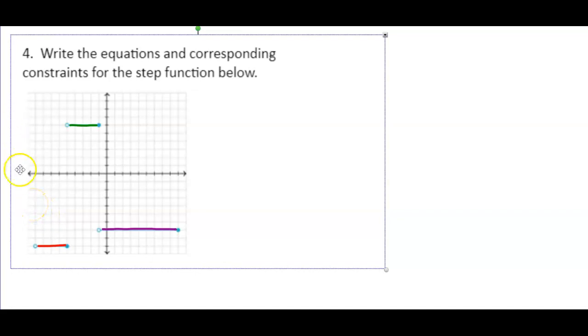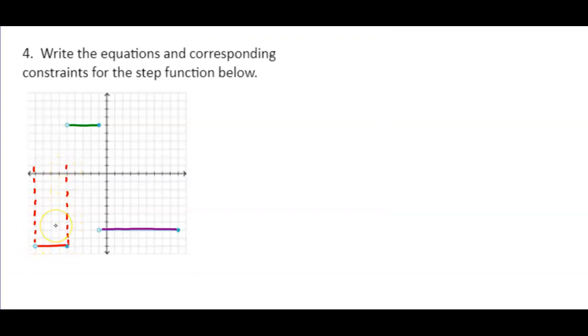So if you specifically look here at our red step, we're going from x equal to -9 to -5. Sorry, from -9 to -5. Our left is an open circle, right is closed.